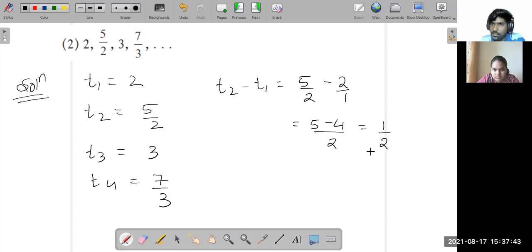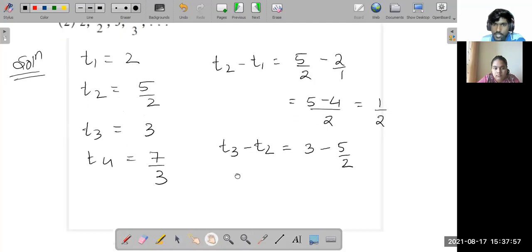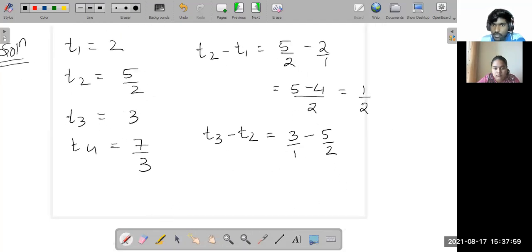Is this clear? Now again, do T3 minus T2. T3 is 3 minus T2, which is 5 upon 2. Do cross multiplication: 3 into 2, 6 minus 5, upon 2. 6 minus 5 is 1, so this again becomes 1 upon 2.